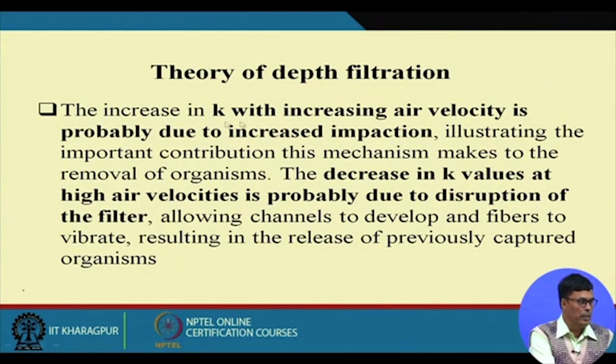The increase of K with air velocity is probably due to increase of impaction, illustrating the importance of this mechanism in the removal of microorganisms. The decrease of K at higher velocity is probably due to disruption of the filter, allowing channels to develop and fibers to vibrate, resulting in the release of previously captured organisms.